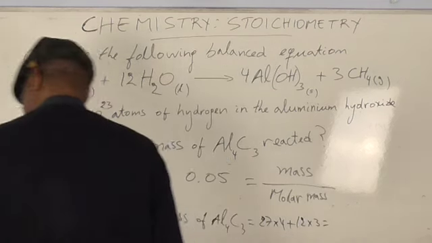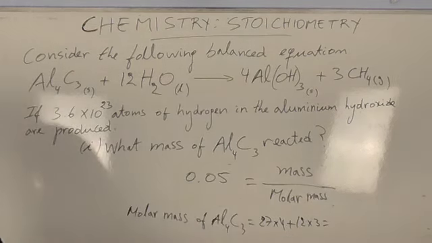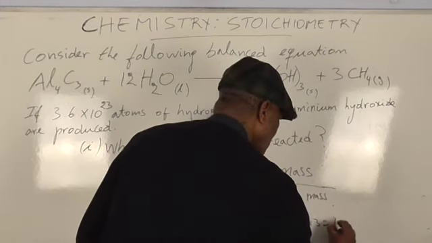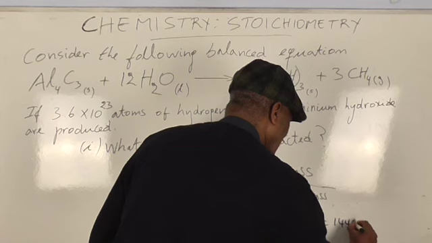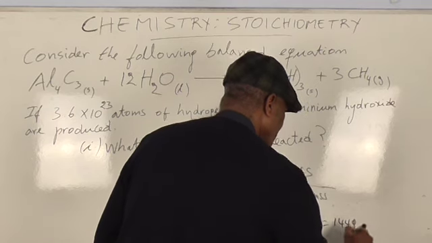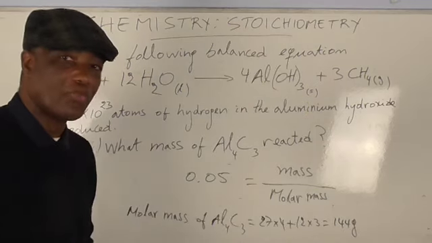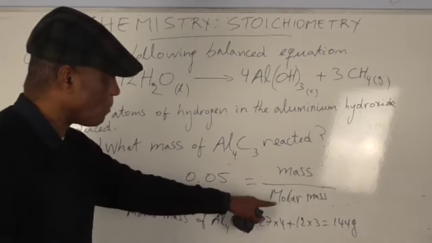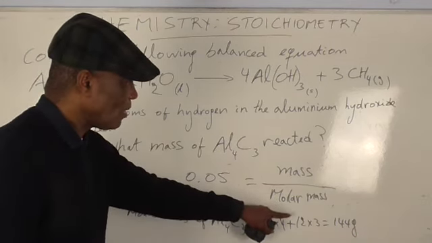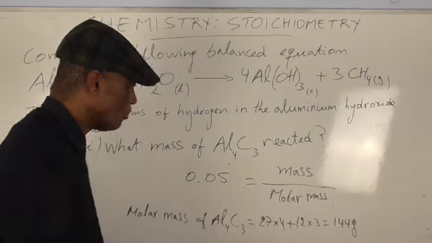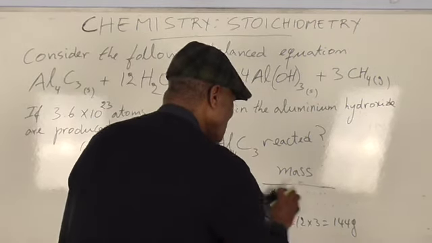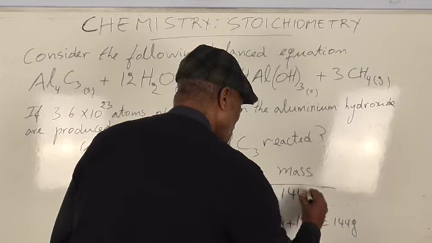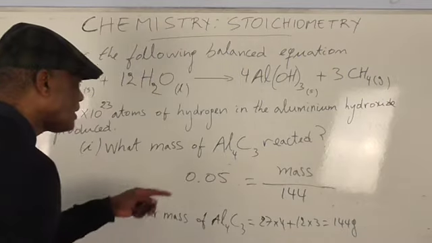If you multiply and you sum, we are going to get 144 grams per mole. Okay, this is the molar mass. So we are going to replace here by 144.